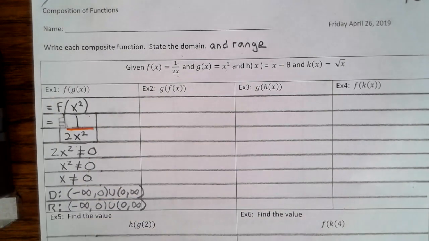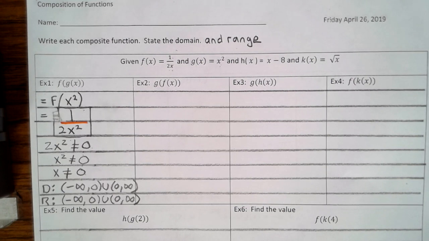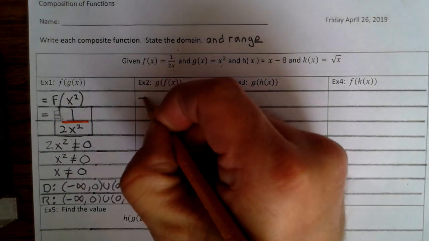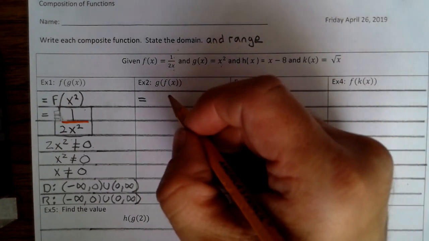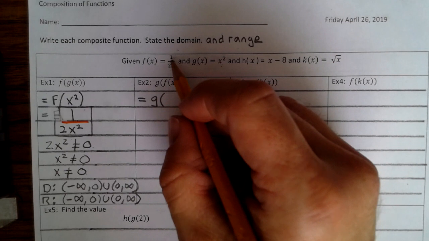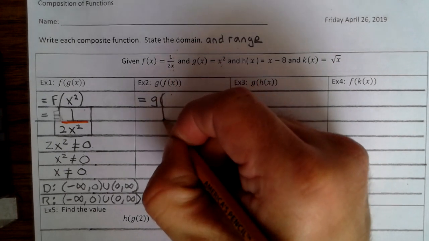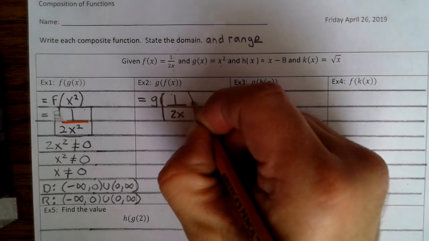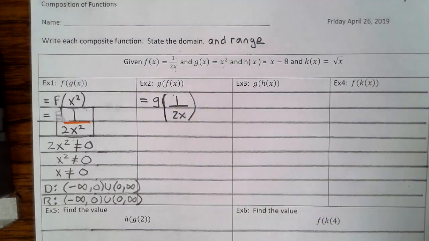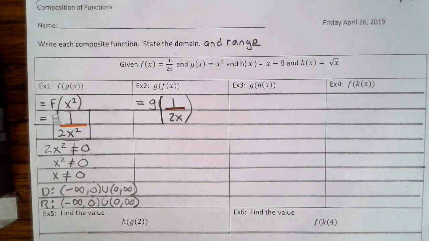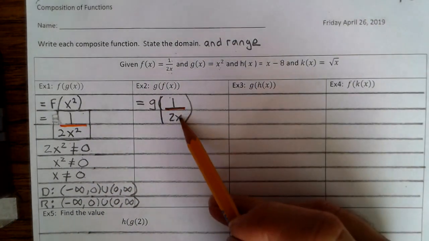All right, let's take a look at example 2. So g of f of x. That's g of f of x is 1 divided by 2x, and this is where I need the big parentheses. So we're going to put 1 divided by 2x into g of x.